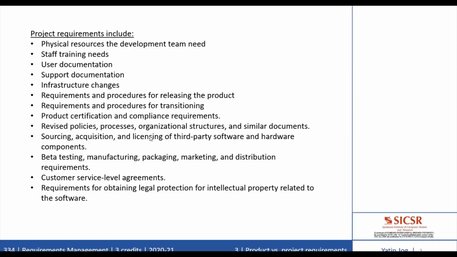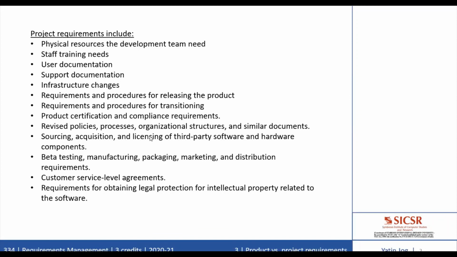So you can remember this: product requirements are generally the responsibility of the business analyst, because the business analyst is working specifically on that product. And project requirements are the responsibility of the project manager. They might use the term solution scope, or refer to everything that has to be done to complete the project successfully.